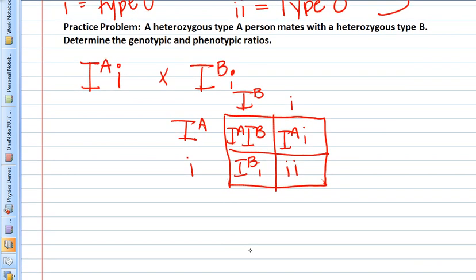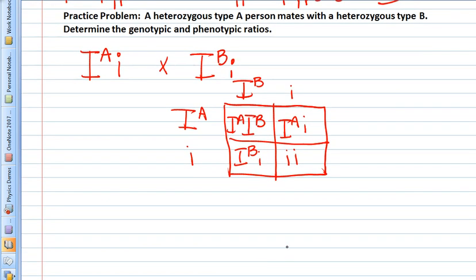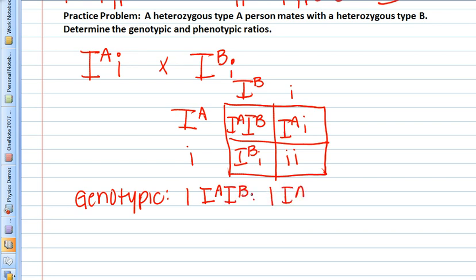We come up with a lot of different genotypes. For our genotypic ratio, we are going to see that it has 1 I, big A, I, big B, to 1 I, big A, little i, to 1 I, big B, little i, to 1 little i, little i.